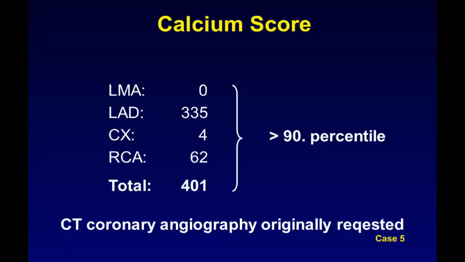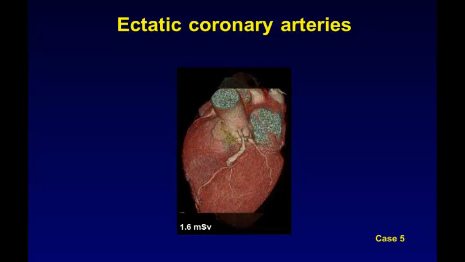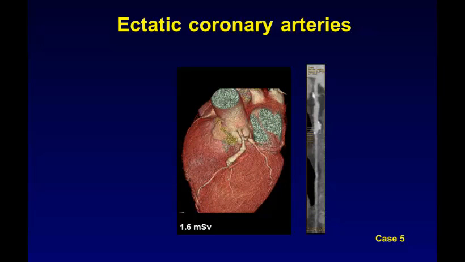So the CT coronarography was also, by the way, requested. I did hide this for you, and I just want to show you the CT angio of this patient because it shows some interesting ectatic coronary arteries.